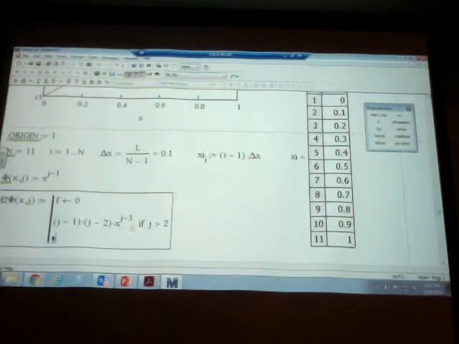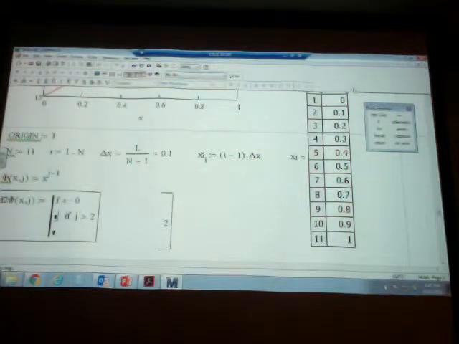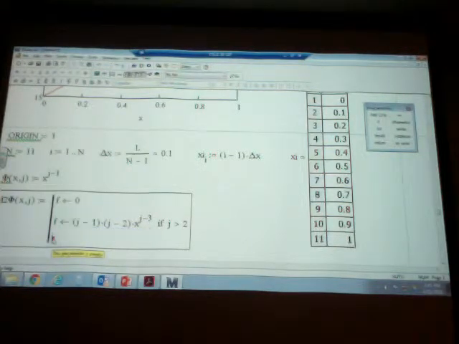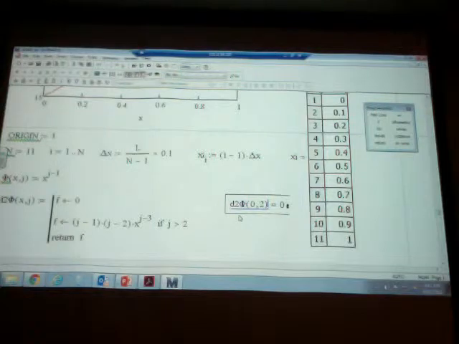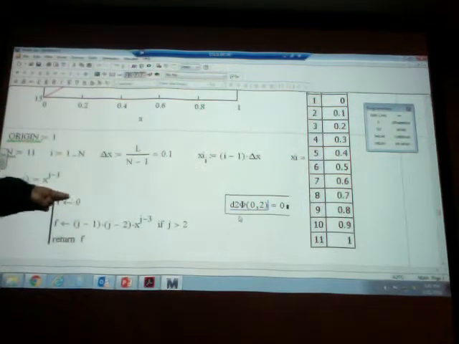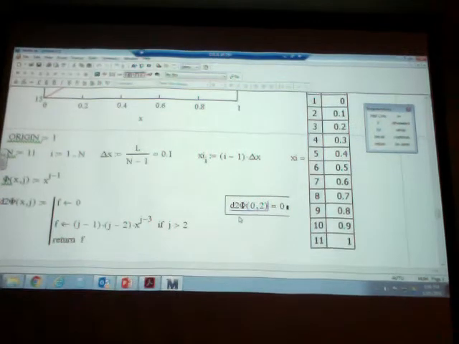And add a line. It's equal to this, and then we're going to return f. This is how you do a condition. So now, if I evaluate what happens with d2f at x equals 0 and j equal 2, I do get 0, because it's being forced to be 0 through here, except when j is greater than 2, when it evaluates this way.